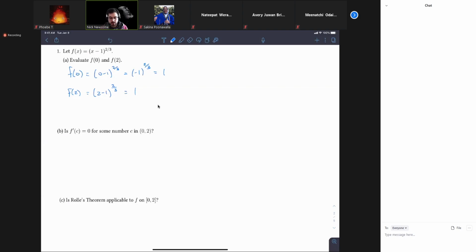Here, since on one end our function spits out 1, and on the other end it also spits out 1, then all I can really tell is that it's going to take all the values between 1 and 1. So for all I know, this function doesn't do that. Okay. So no.